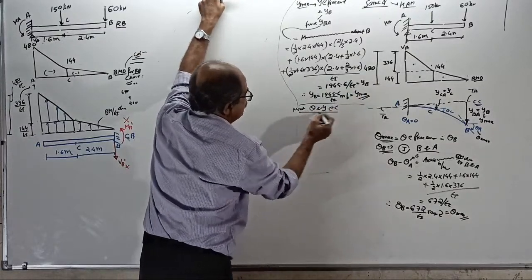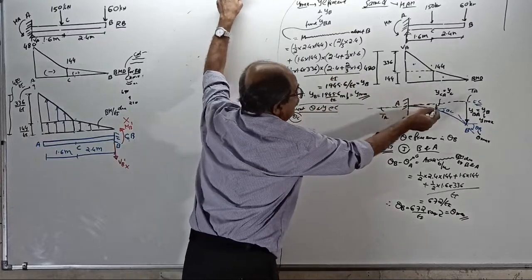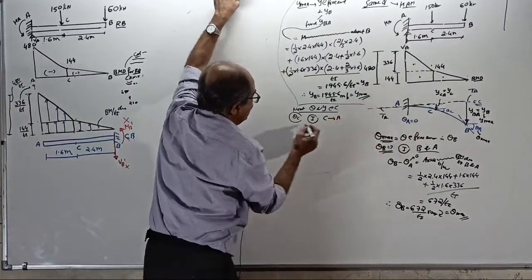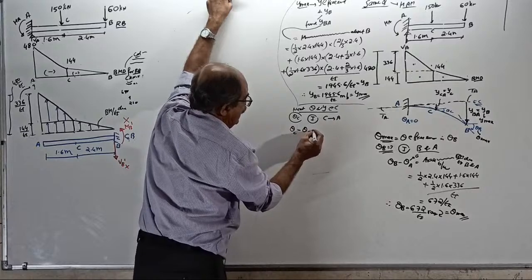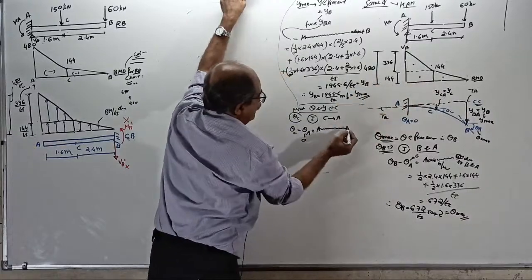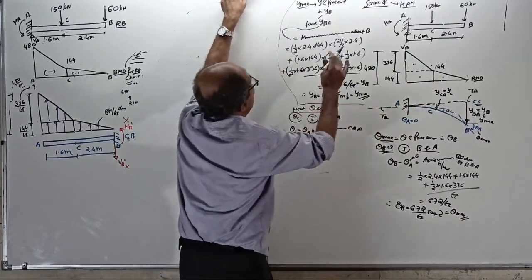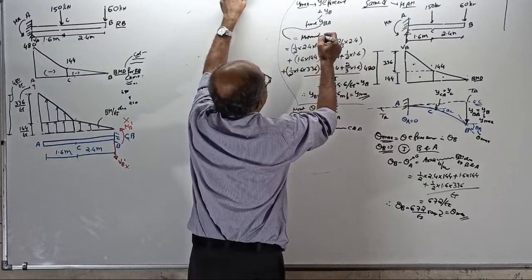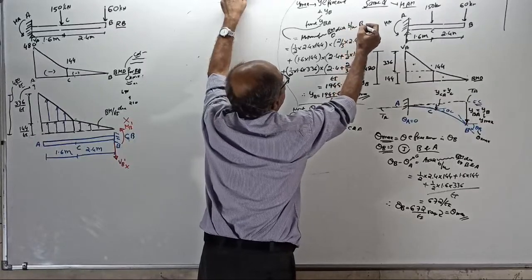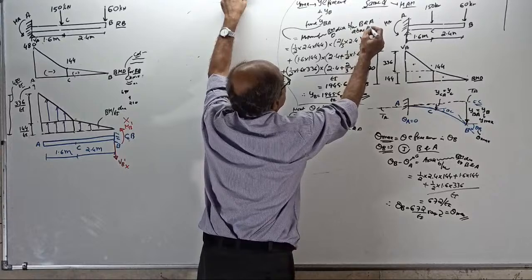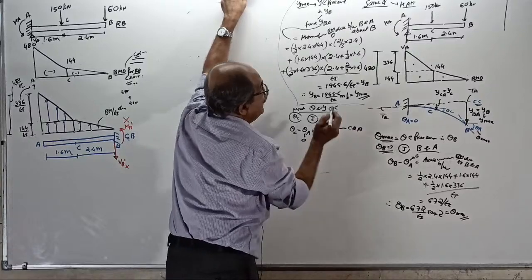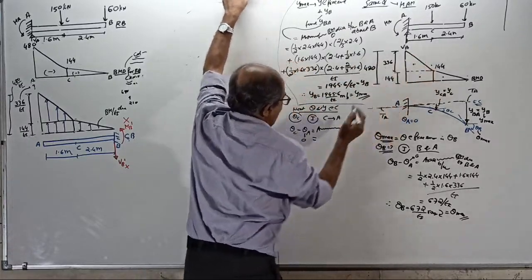Okay, start. First, theta C. If you want theta C, apply the first theorem from C to A. So theta C minus theta A equal to, theta A is 0, area of the BM by EI diagram between C and A. Between C and A, rectangle and triangle.